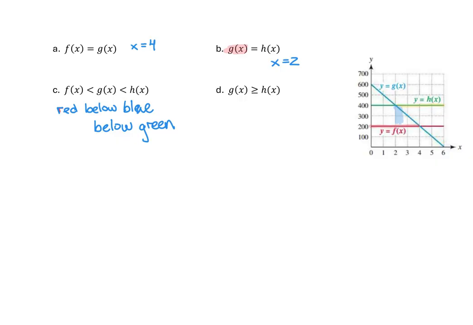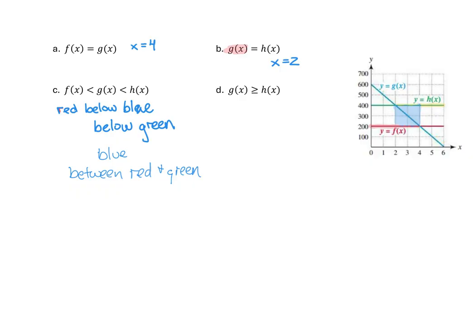You can think of this as red below blue and blue below green, or you can think of this as where blue is between the red and green.